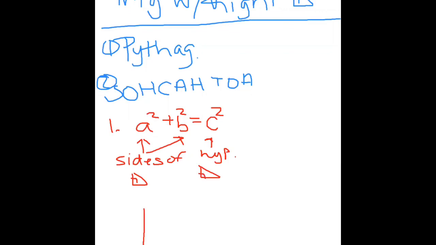Let's see that in real time. So this would be A, this would be B, and this would be C. Again, C, that's your hypotenuse. That's the longest side.